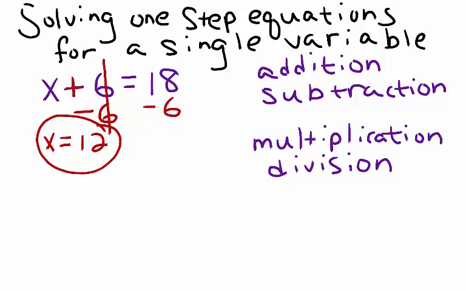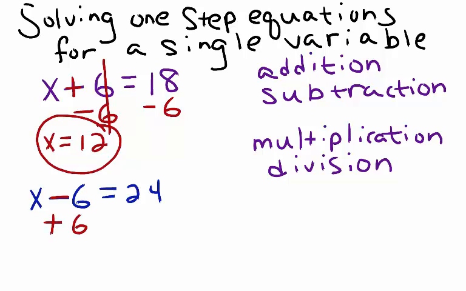Now suppose I have the equation x minus 6 equals 24. On the left, I have minus 6. To move that to the right side of the equation so I can isolate x, I'm going to need to use the inverse of subtraction, which is addition.